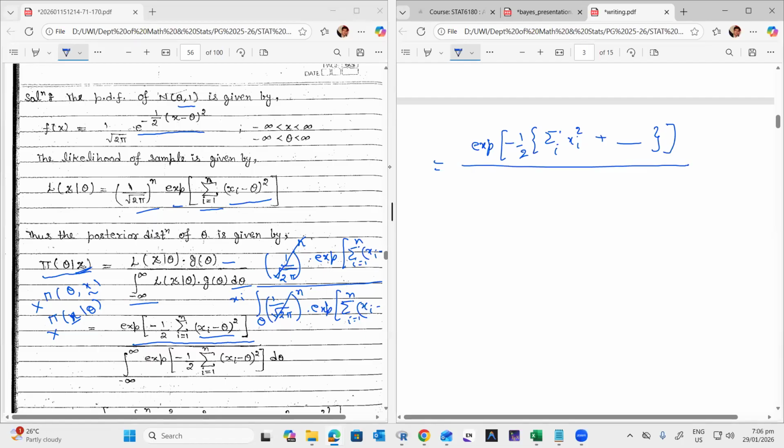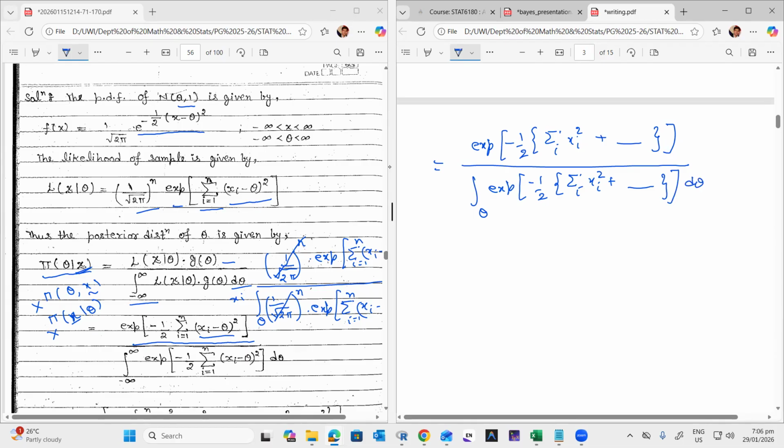Divided by integral over the range of theta e raised to the power minus 1 by 2 summation over the range of i xi square plus the remaining things, with respect to theta.